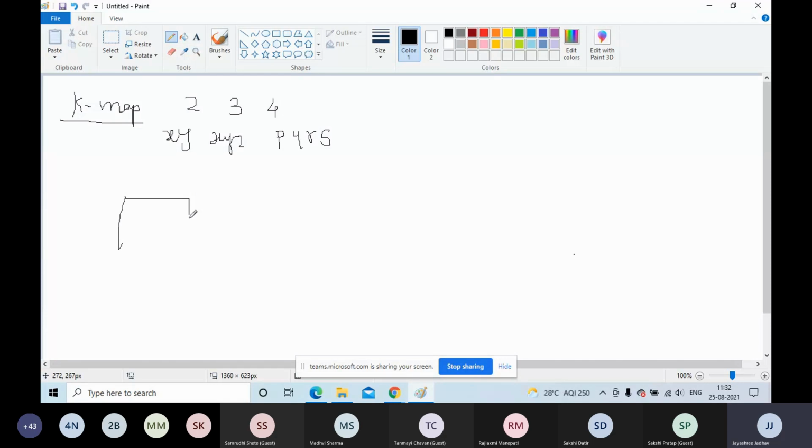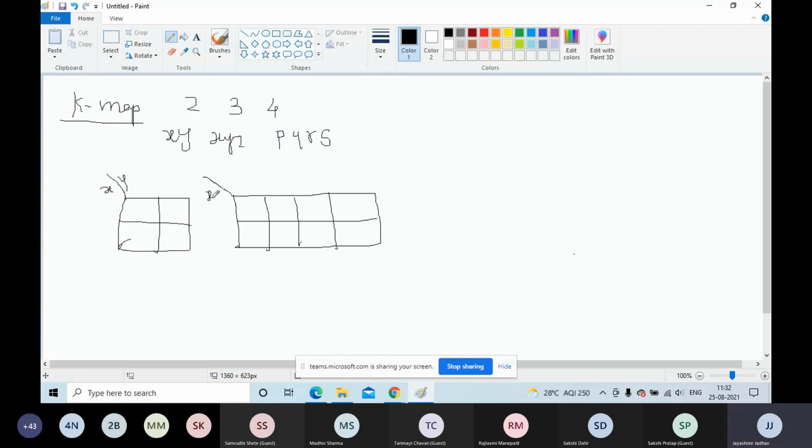So this is the K-map for the 2 variables. You can mention here the variable x and the variable y. This is the K-map for 2 variables. Now this is the K-map for the 3 variables. You can write here variables like x, y and z.